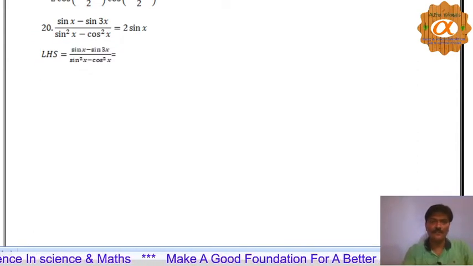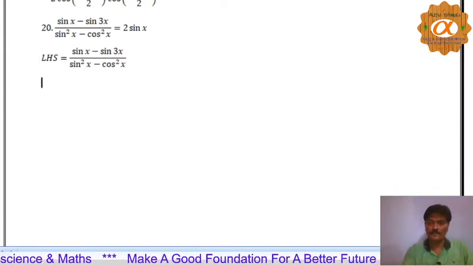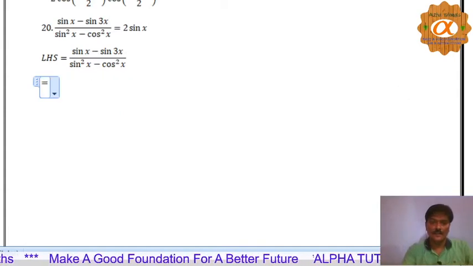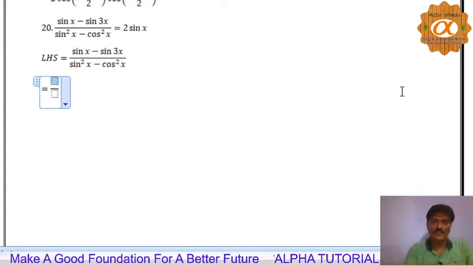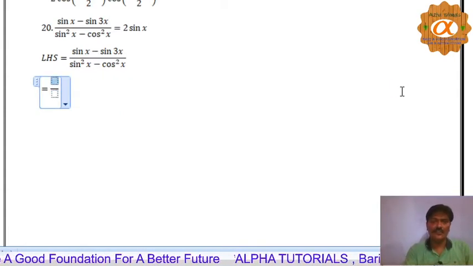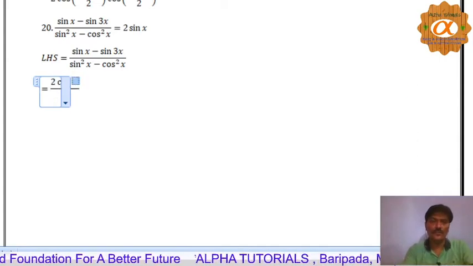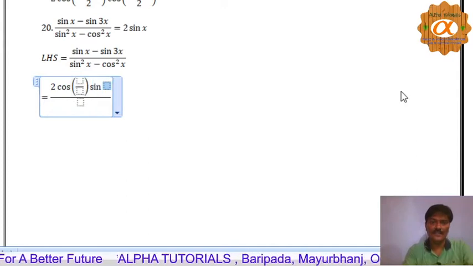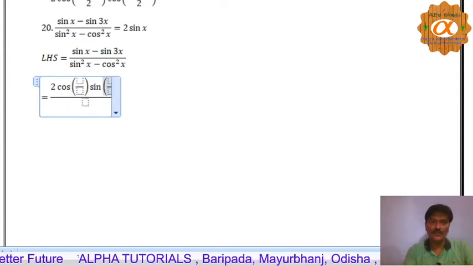Now applying the formula, sin A minus sin B is equal to 2 cos A plus B by 2 and sin A minus B by 2.